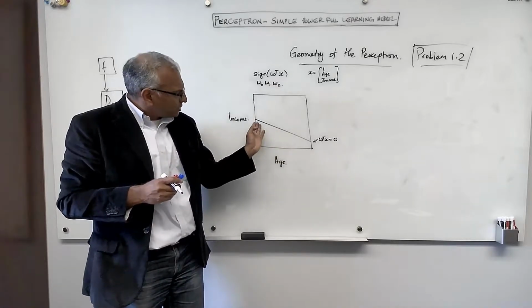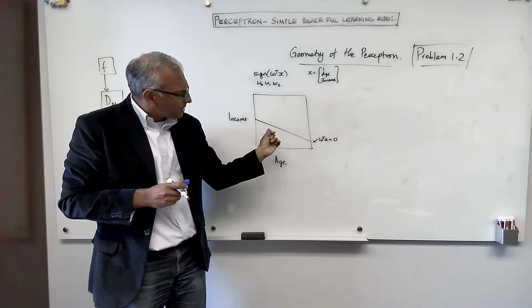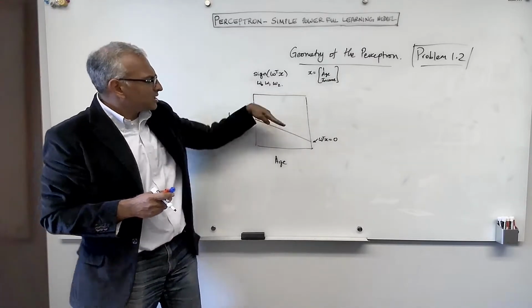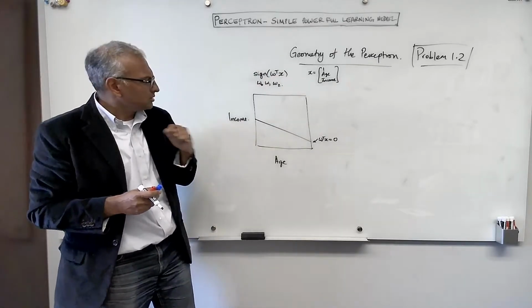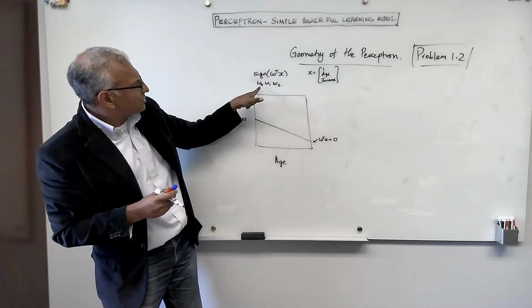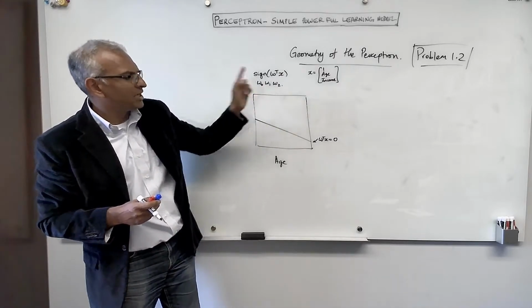There are 2 things relevant in a hyperplane: the orientation, or slope, and the position. I can have the same slope and move it up and down, and I get a different position. The position is related to W0, and the orientation is related to W1 and W2.